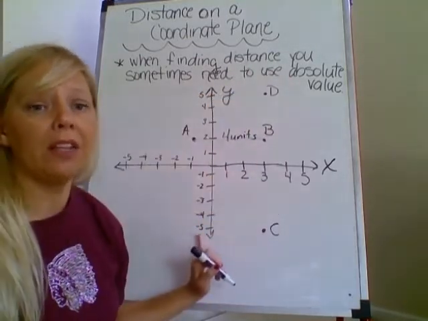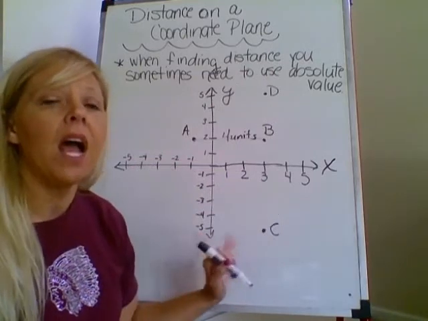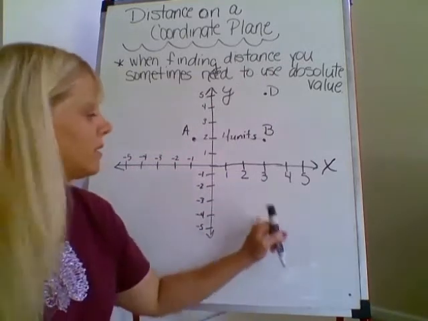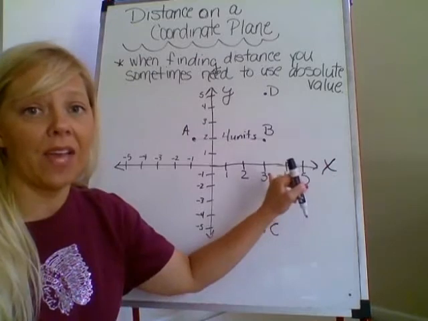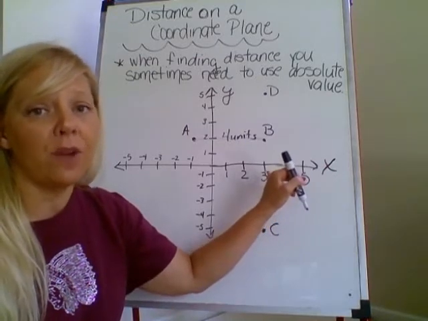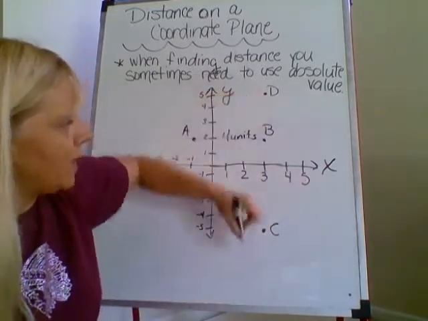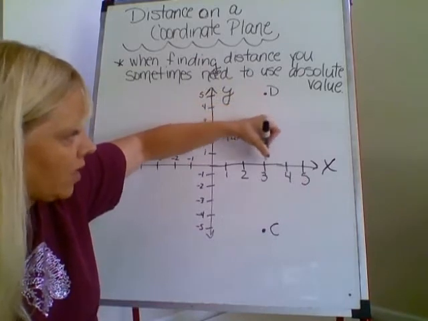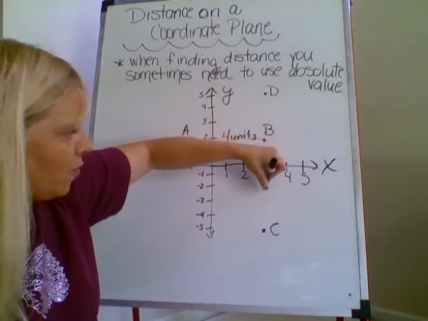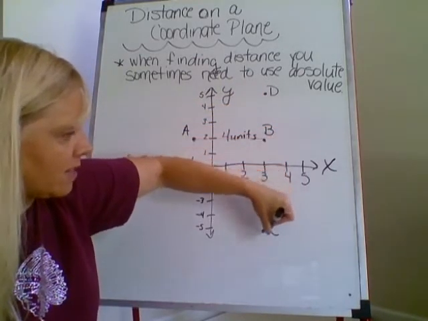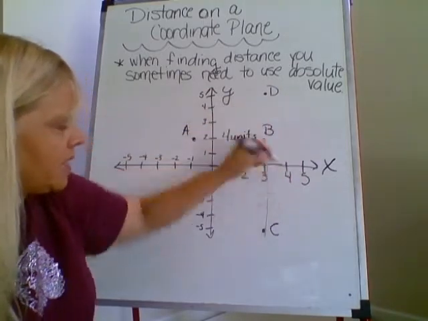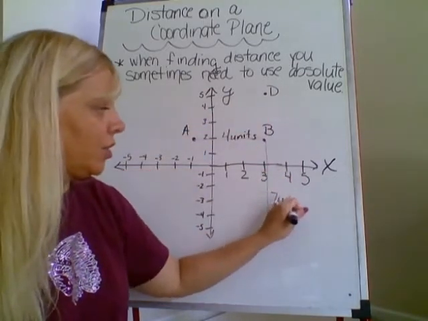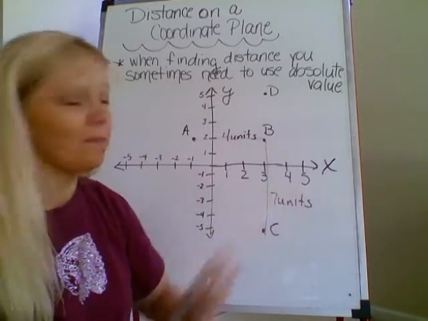So here I would not use this as a -5. I would use this as a +5 because the distance between C and the x-axis is 5 units. So if I'm going from B to C, I go 1, 2, 3, 4, 5, 6, 7. So from B to C, that is 7 units away from each other.